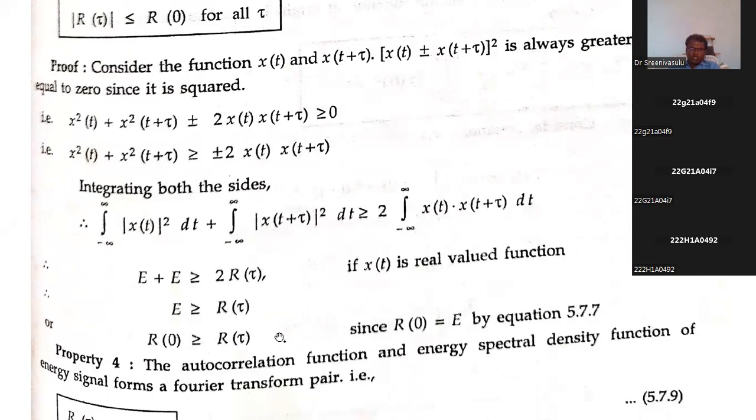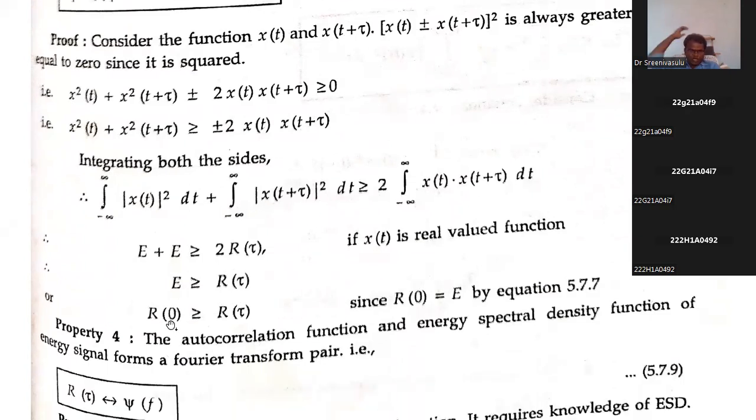Energy of the signal. And this is another energy of the signal, greater than or equal to 2 into, you observe this one, it is nothing but autocorrelation, so R of tau. What is this E? Energy of the signal. E plus E is 2E, the 2 gets cancelled. E is greater than or equal to R of tau. You know what E is? R of 0. So R of 0 is greater than or equal to R of tau.